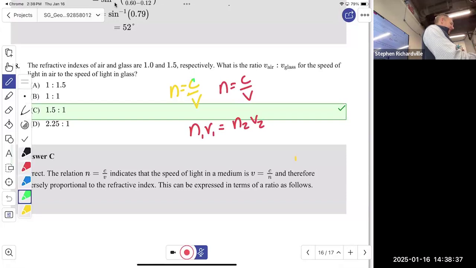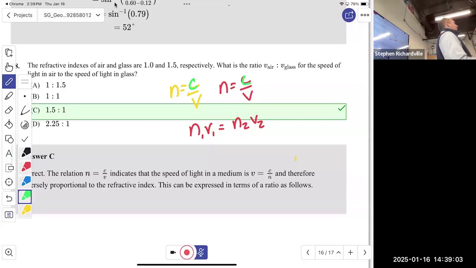But c is a thing that's always constant. So if for one, n equals c over v, and for the other one, n equals c over v, then n1 times v1 should be the same amount. Now, v1 might be smaller, but that's because n1 is bigger. Or n2 might be smaller, but that's because v2 is bigger. So those have to equal.